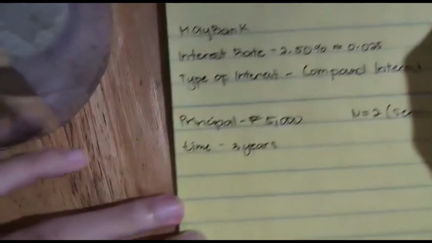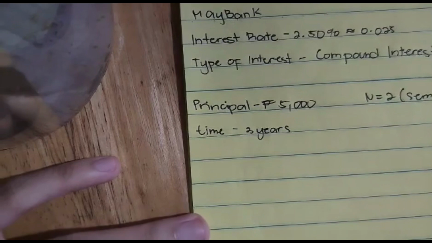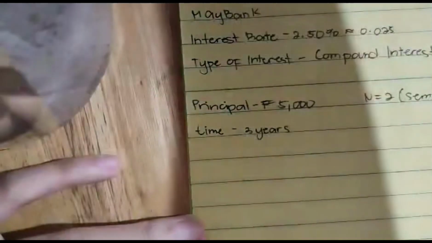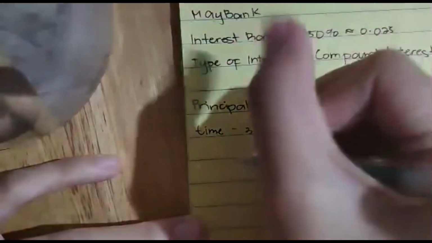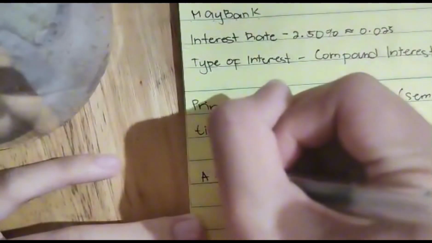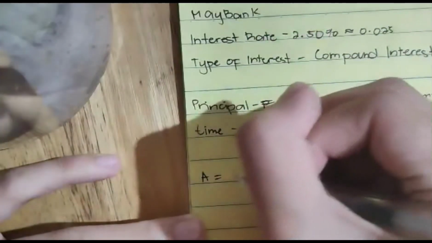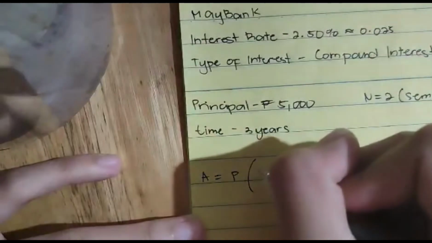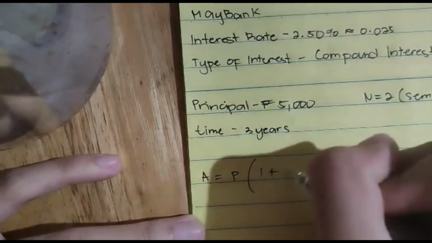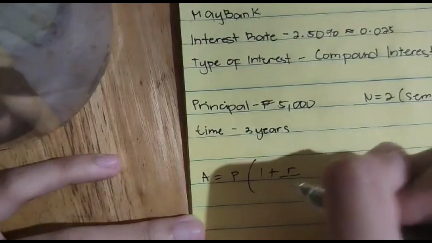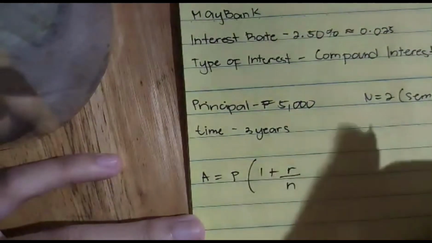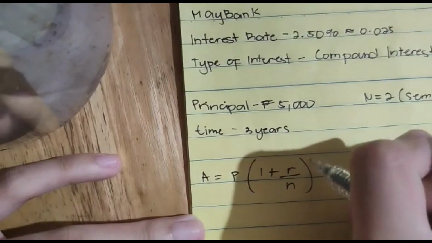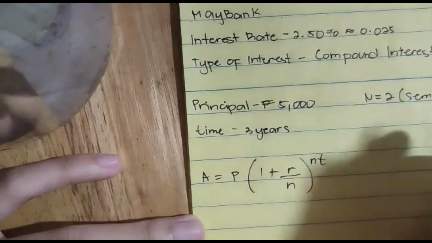So for the formula, we have the amount at the end is equal to principal times 1 plus R, which is rate, and N is for our semi-annually. Copy at the upper right, which is N, and T for time.